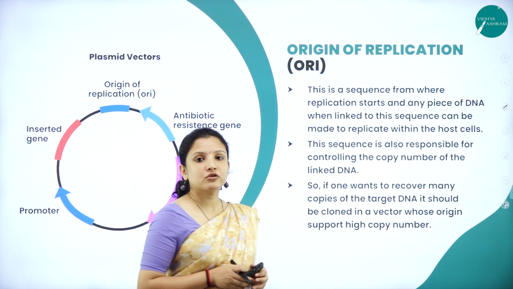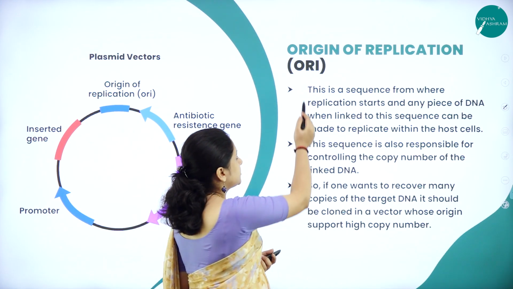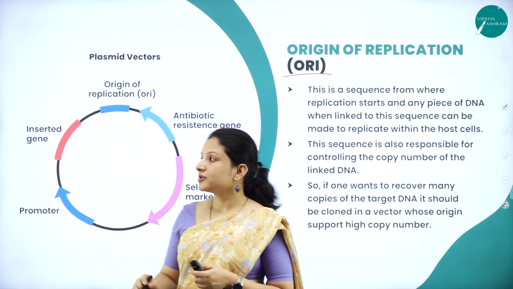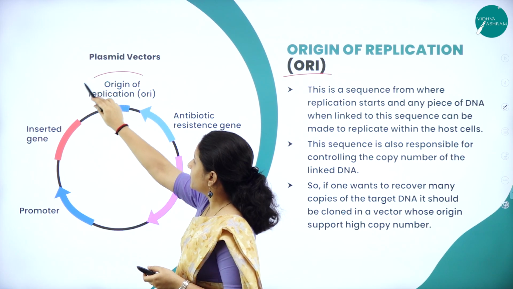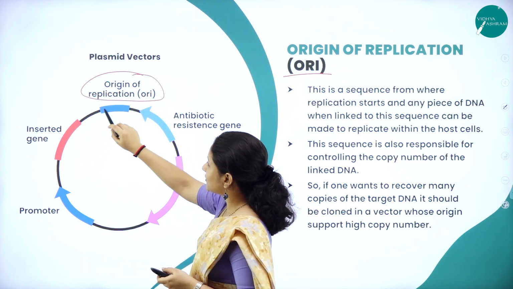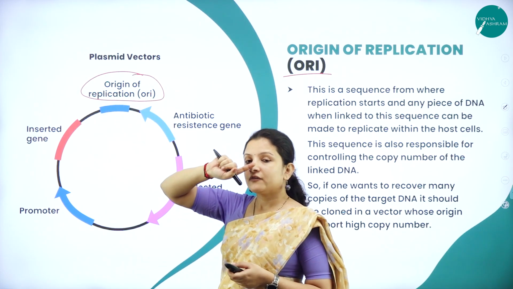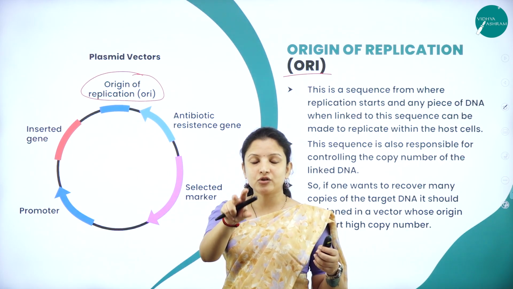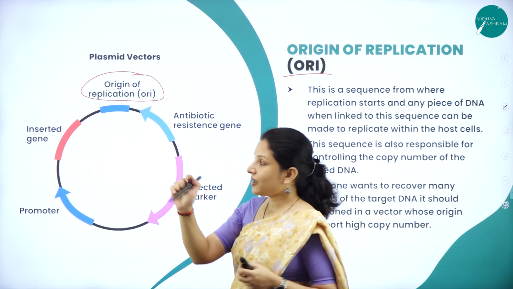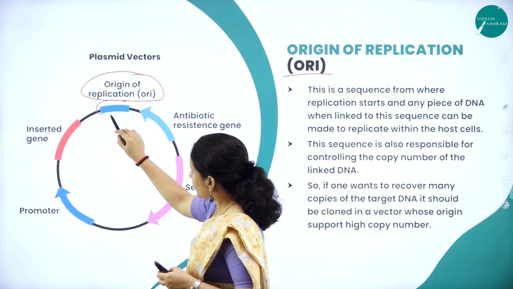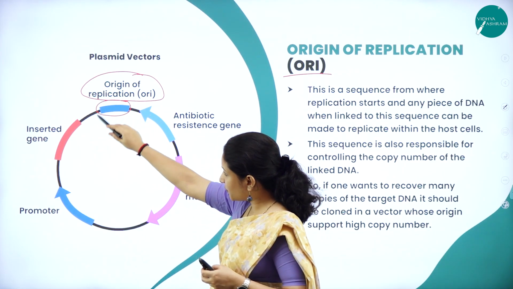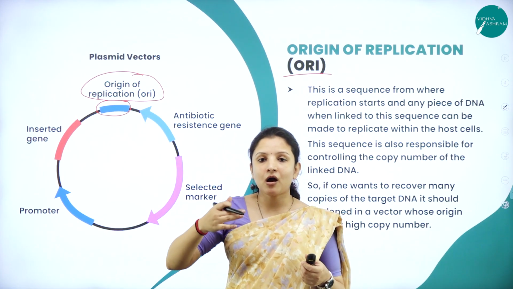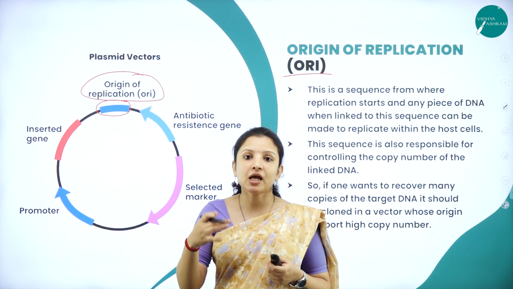The first one is the origin of replication, also called the ORI region. This is the region where the foreign DNA strand is inserted into the vector's DNA, and from this region the copies of the foreign DNA are produced.